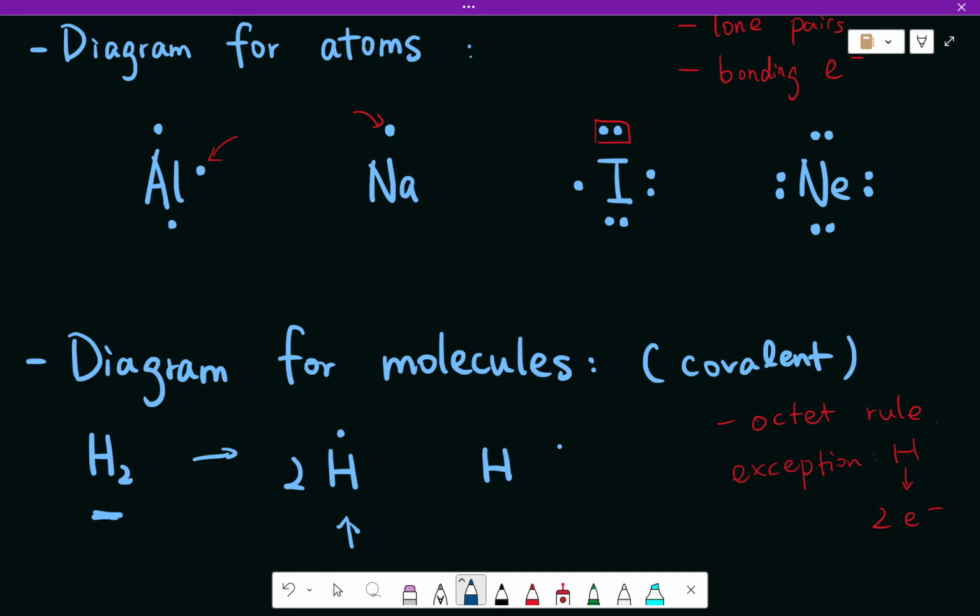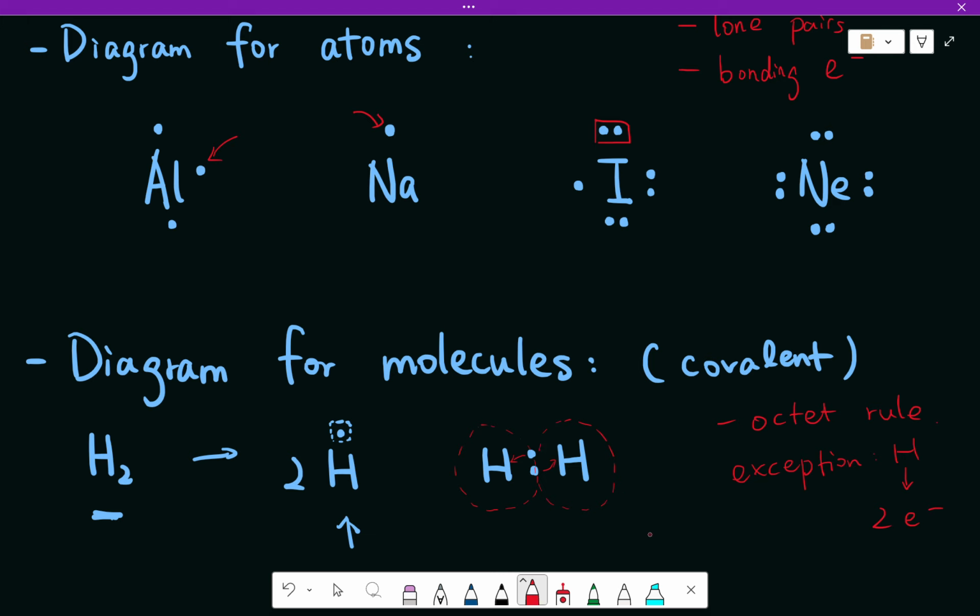So we have 2 hydrogens, each has 1 valence electron. What if they share these 2 electrons in their valence shell? This electron comes from this hydrogen and this electron comes from this hydrogen, and they're sharing such that in each hydrogen atom's valence shell, they both have 2 electrons.